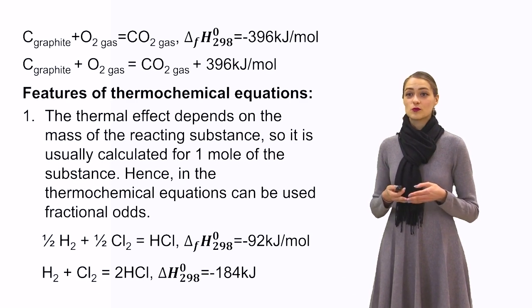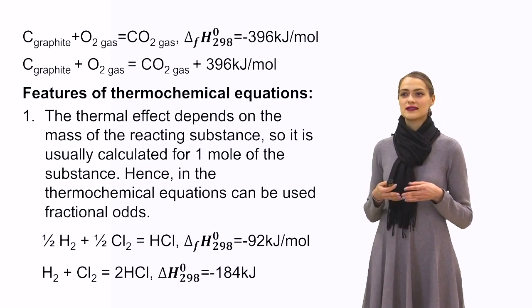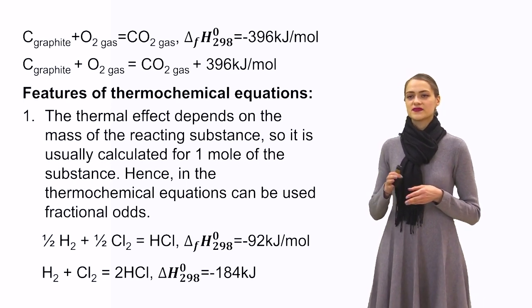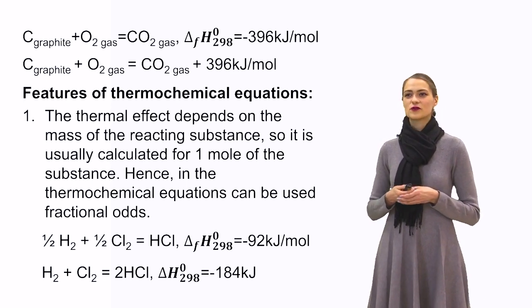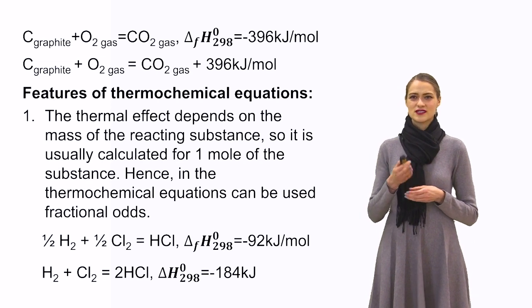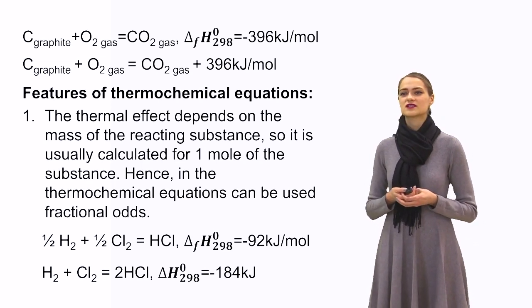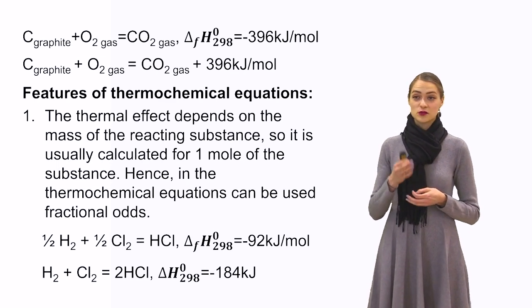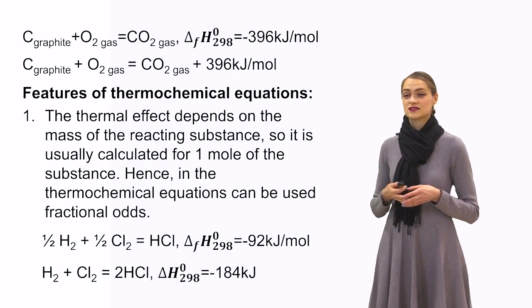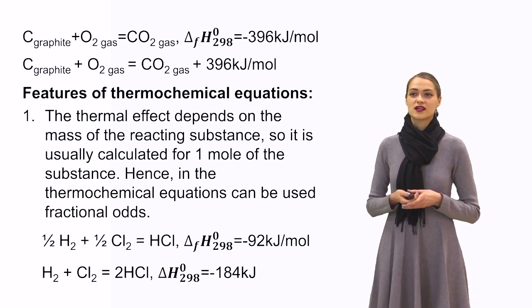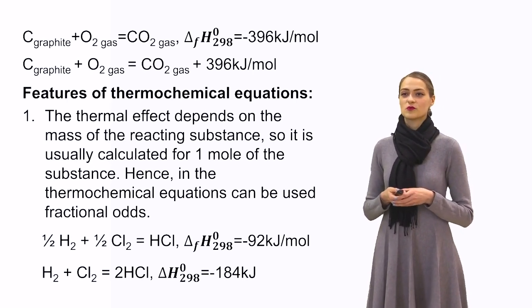As I said, in a thermochemical equation we write the thermal effect, the heat effect of this reaction, and we can write it after a comma. So you see graphite burned in pure oxygen gives us carbon dioxide. Then we write a comma and we write the thermal effect, delta H equal minus 396 kilojoules per 1 mole.